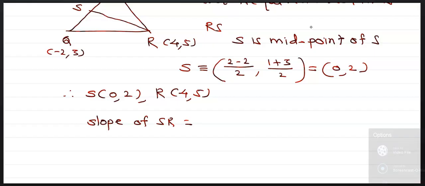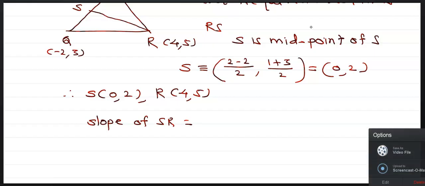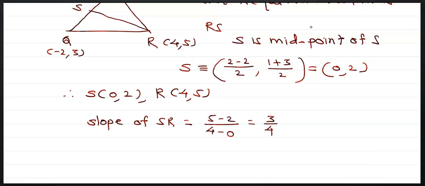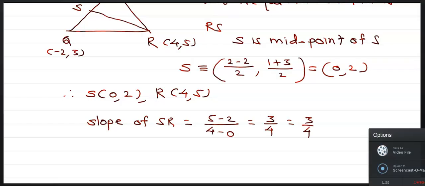R is (4, 5). Therefore, the slope of SR is (5 minus 2) upon (4 minus 0), which is 3 by 4.